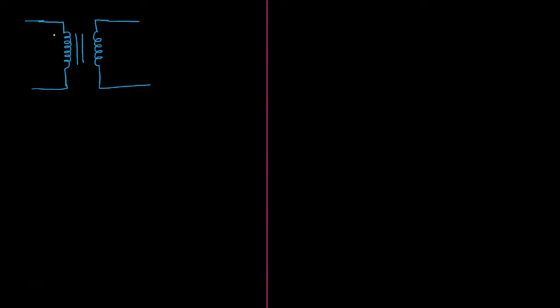So they kept one dot here and they kept one more dot here. On the primary side they are injecting the current here, and on the secondary side they are injecting the current here. This is inductance L1, this is inductance L2. So this is the given data.